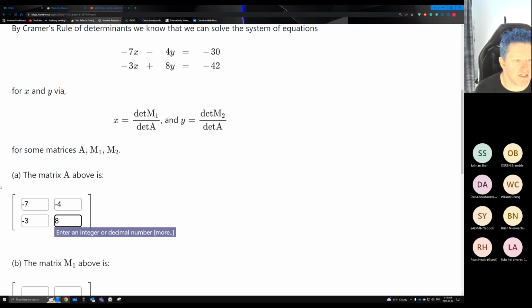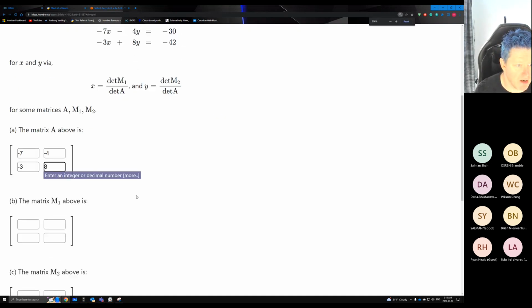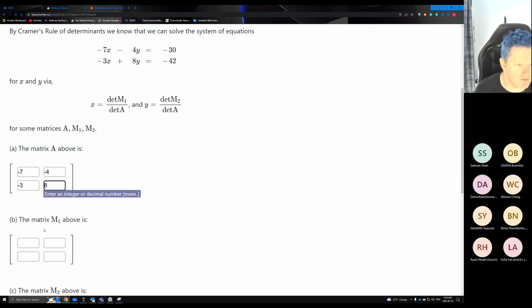-3 and 8. That should be your matrix A. Now, zooming out, remember the numerator matrix for both x and y is similar to del.